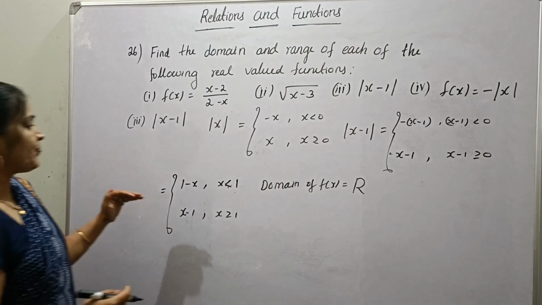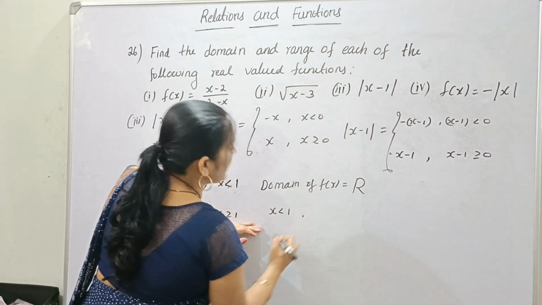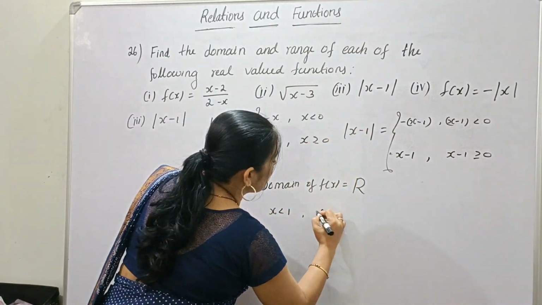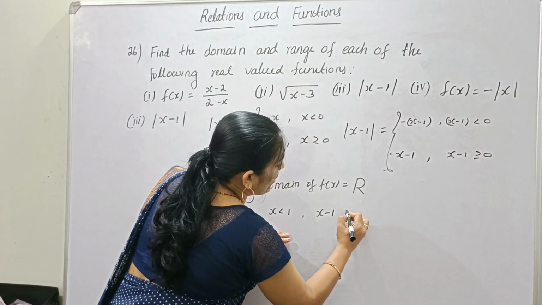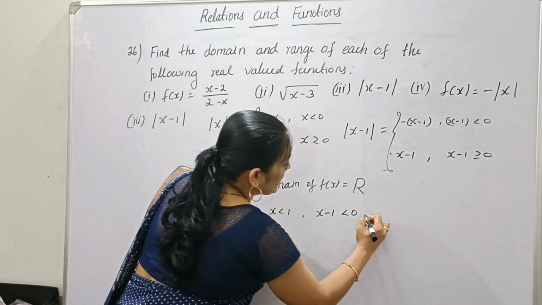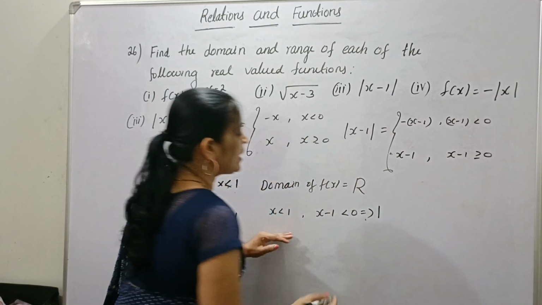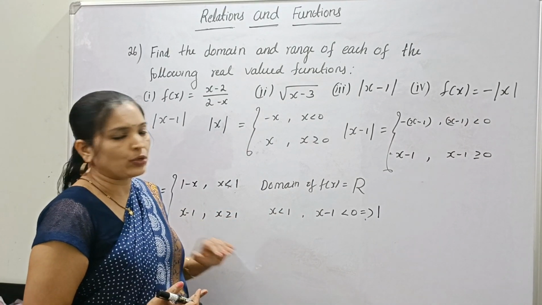Then what is the range? See here, when x is less than 1, we know that x minus 1 is less than 0. If it is negative, when we take its modulus, it will be positive, right?